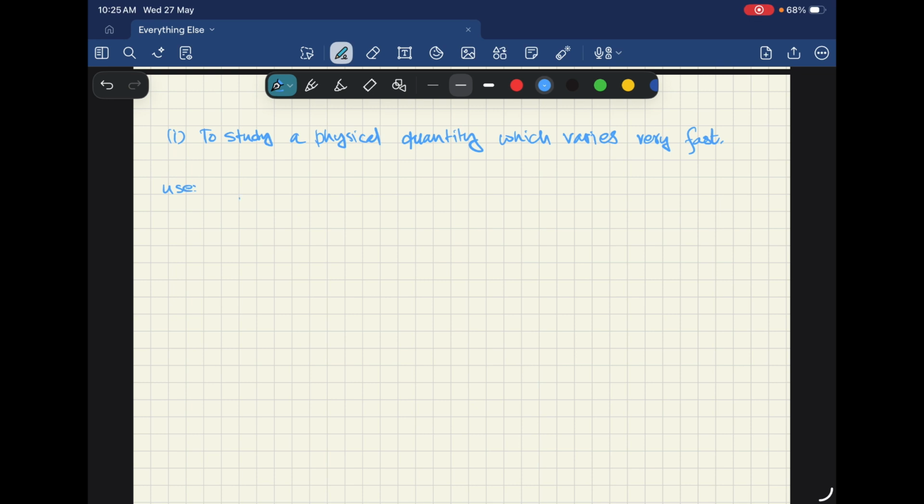Alright, so the uses are, say, we use logarithmic scales to measure the intensity of earthquakes, right? You often see in the news that today we had a 6 magnitude earthquake, today we had a 7 magnitude earthquake, today we had a 5.5 magnitude earthquake.